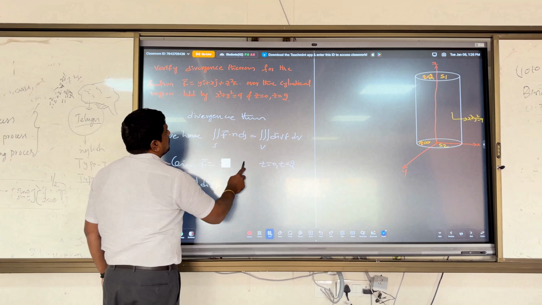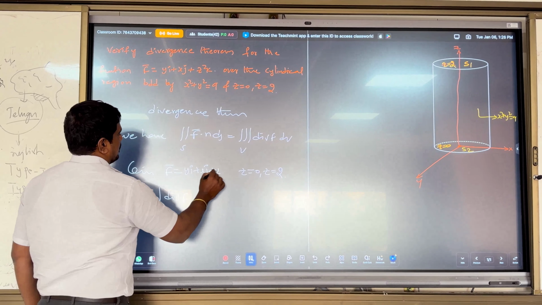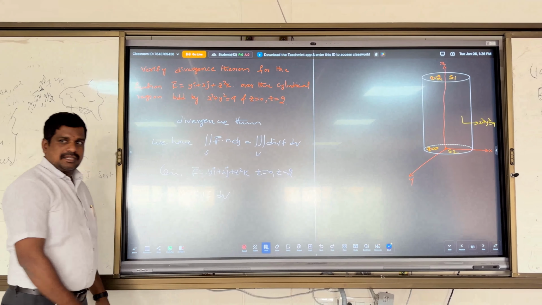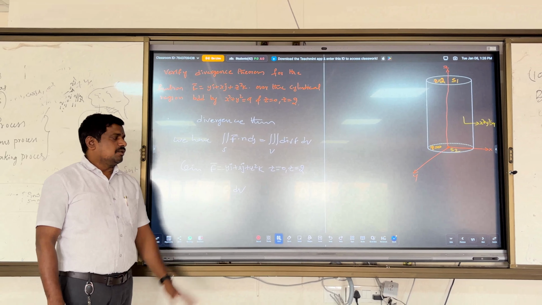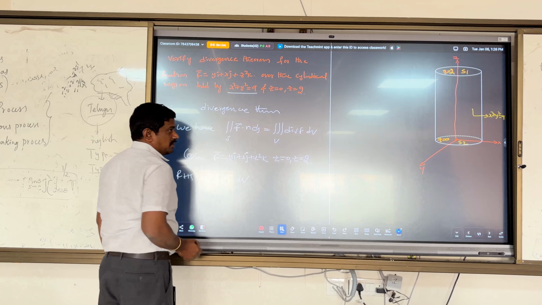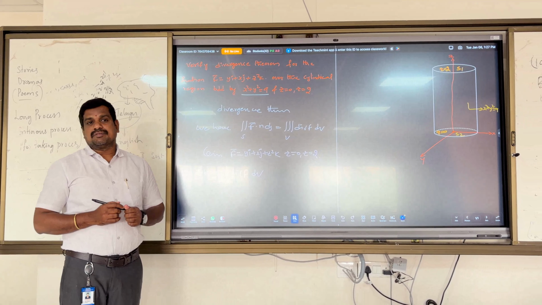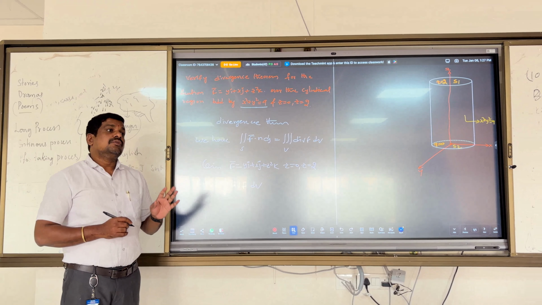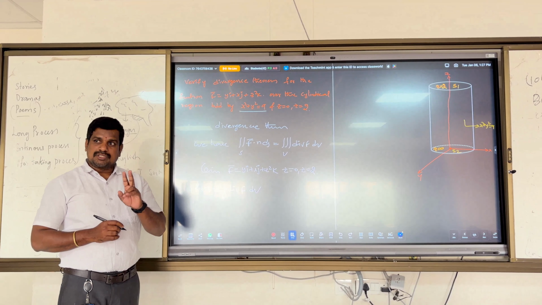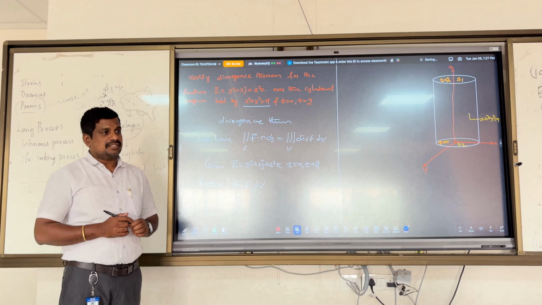The function here is yi plus xj plus z square k, with z from 0 to 2, and x square plus y square equals 9 is given. From this we have to find the x value as well as the y value. I already told you that whenever there are two variables and one equation, we take one variable's limit as 0.